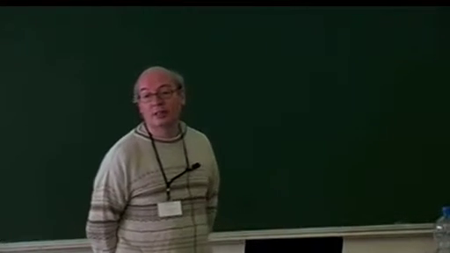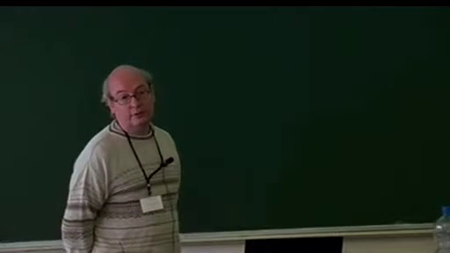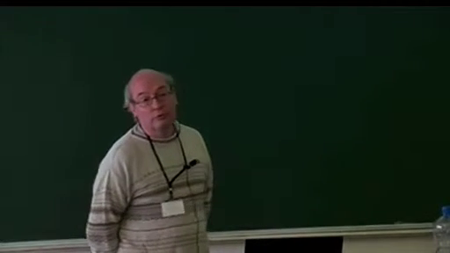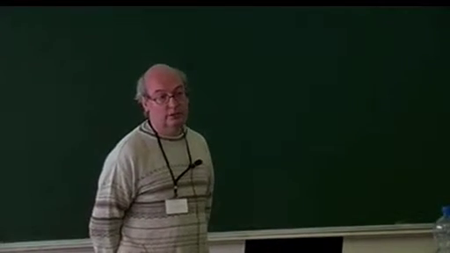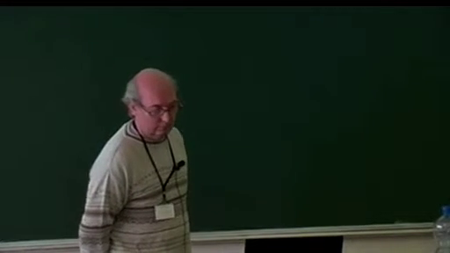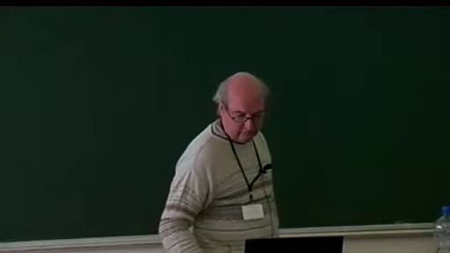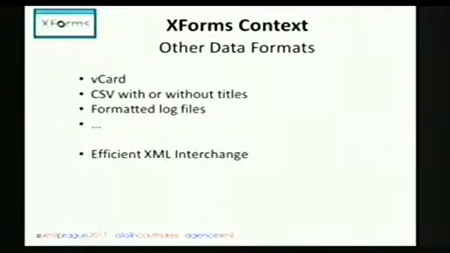Specifically, if you want something about the ancestors or the sibling and so on. JSONPath is okay, but yeah, XPath is richer. We are considering JSON, but well, for XForms we might also consider vCard, CSV, formatted log files, anything.